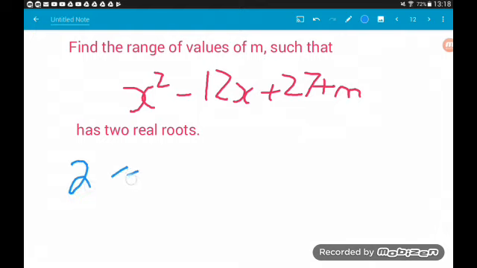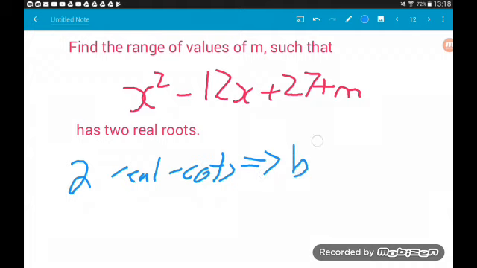So 2 real roots implies that b squared minus 4ac is greater than 0. So that's why the question is saying the range of values, because we are playing with an inequality.